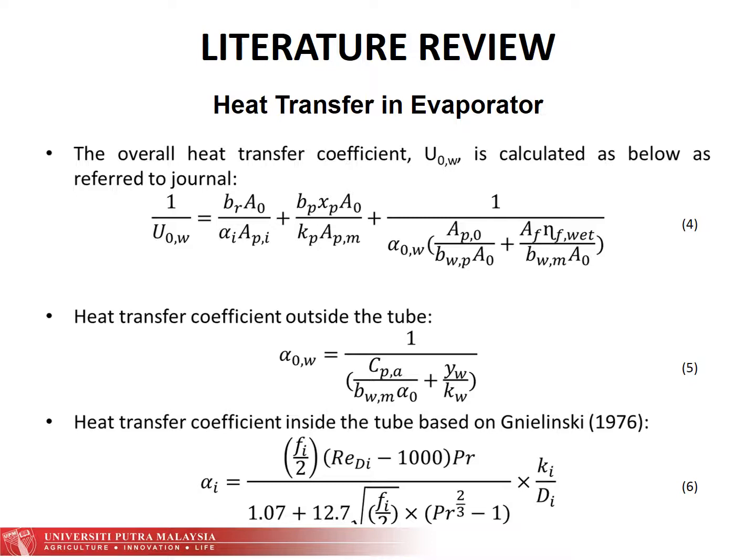The second part is actually indicating the properties of the metal of the tube, and the last part is the properties of the fluid flowing outside the tube and the surface area outside part of the tube. The heat transfer coefficient outside the tube can be calculated as shown in equation 5, and the heat transfer coefficient inside the tube can be calculated by using equation 6 based on Jaworski 1976.